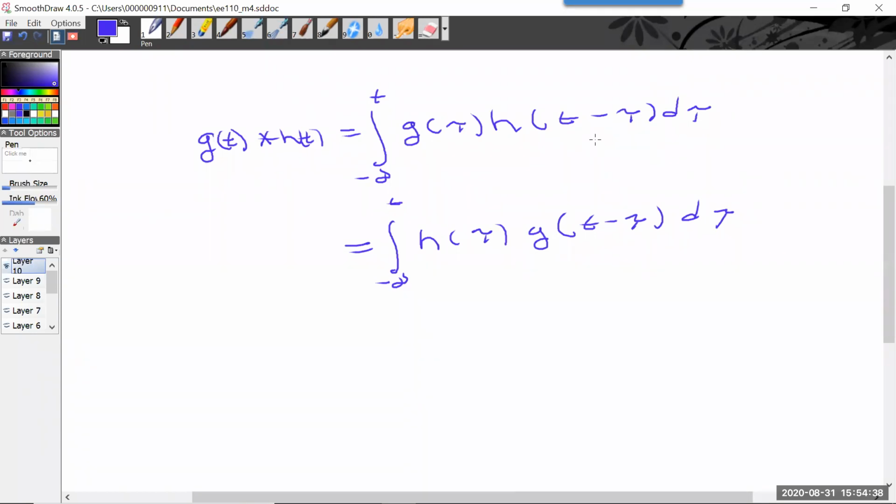But how are you getting the t minus tau? That's the definition of the convolution integral, okay?